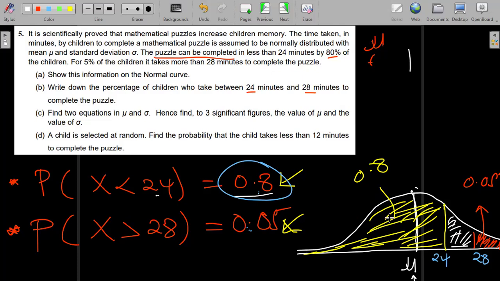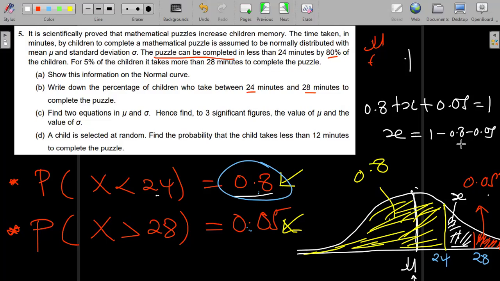So if I add the yellow part, the red part, and the white part, I should get 1. So it will be 0.8, plus this white part, which we can say is X, plus 0.05, should give me 1. So X will be equal to 1 minus 0.8 minus 0.05.